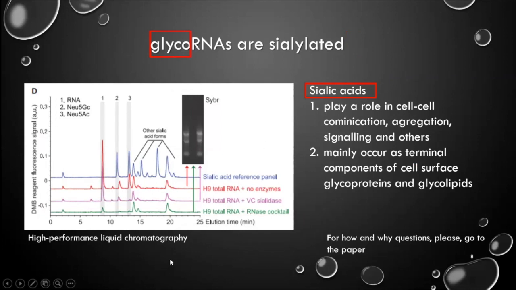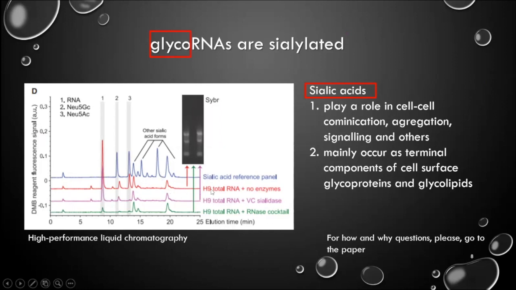To avoid any sort of interference with the transporter, they isolated the RNA from the H9 cell line, labeled it with DMB reagent, which is fluorescent itself, and then loaded the samples onto a high-performance liquid chromatograph. Using here in blue the mixture of sialic acids reference panel, they were able to visualize different peaks, which characterize the different sialic acid forms.